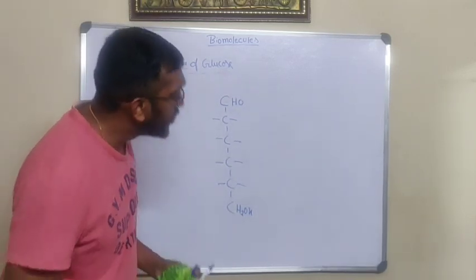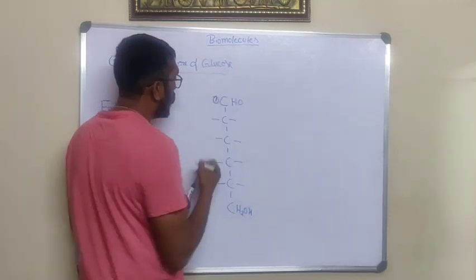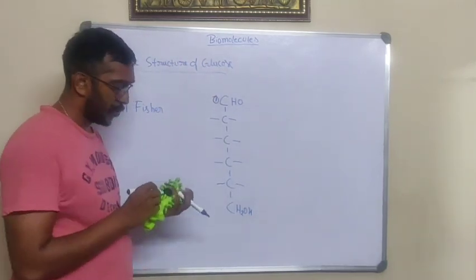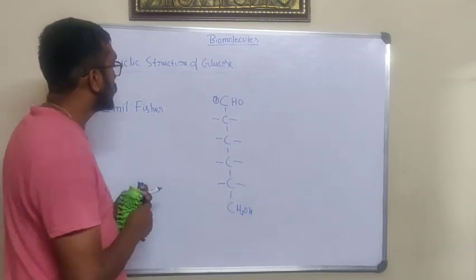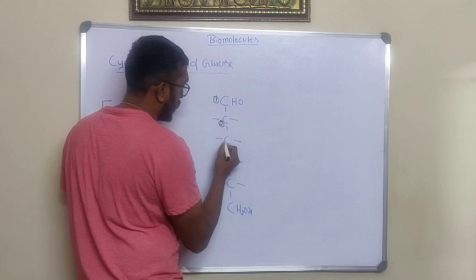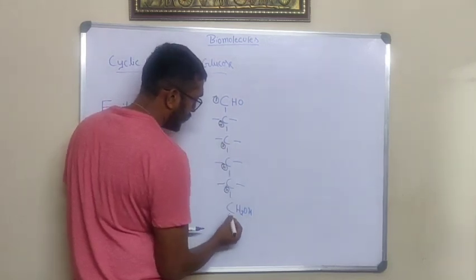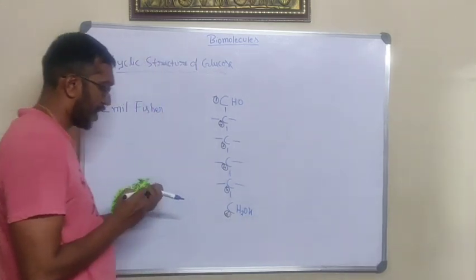So this carbon will be considered as 1, the second one 2, 3, 4, 5, and this is the 6th carbon atom.